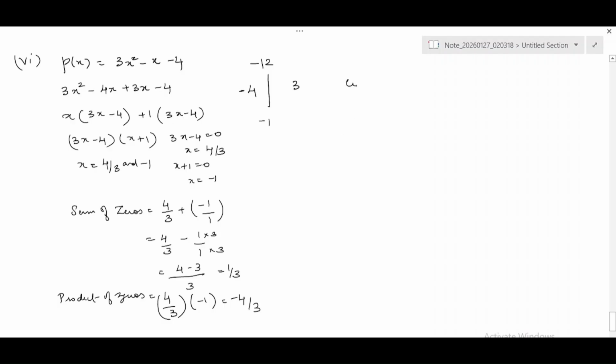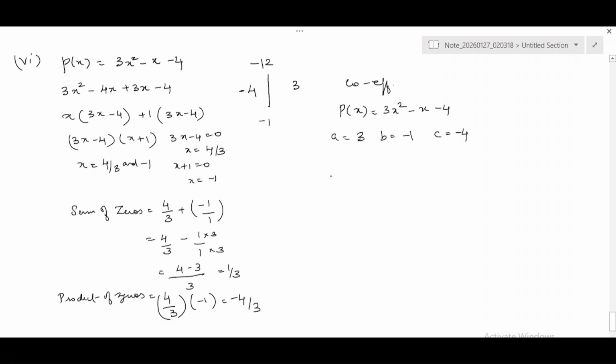Now we'll move on to the coefficients. p of x is equal to 3x squared minus x minus 4. So a will be the coefficient of x squared, that is 3. b will be the coefficient of x, that is minus 1. c will be the constant, that is minus 4.